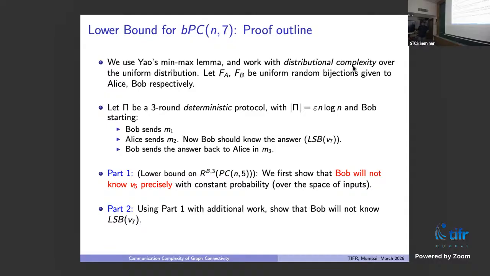So till V5 they cannot compute exactly, and V7 they cannot compute the LSB also. So those are the two general parts. For this talk, I will more or less concentrate on part one, and try to give an idea of the subtleties involved in proving this. And for part two, I'll give you maybe just a general outline.